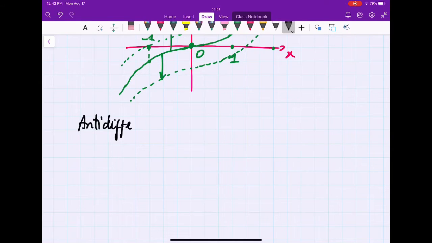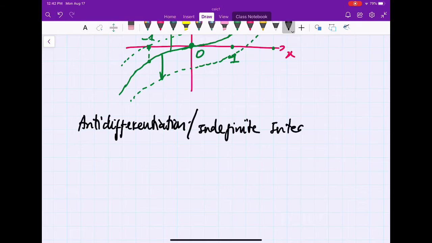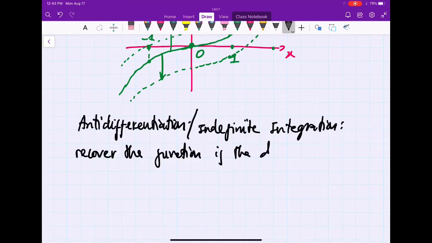Anti-differentiation or indefinite integration, that is recovering the function if the derivative is given.